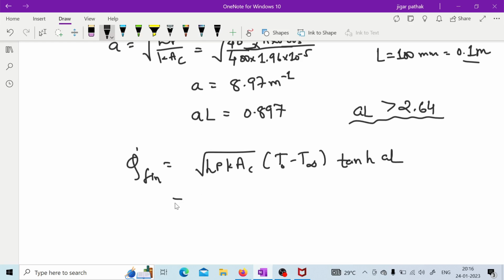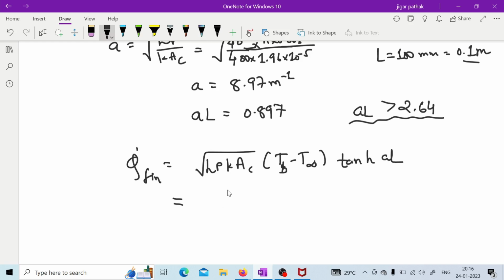So you can have all the values with you. T naught is the base temperature, basically this T_b, that is given as 130 degrees centigrade. Ambient temperature is 30 degrees centigrade. So you have everything with you. So can you tell me what will be your answer? Sir, mL greater than 2.64.